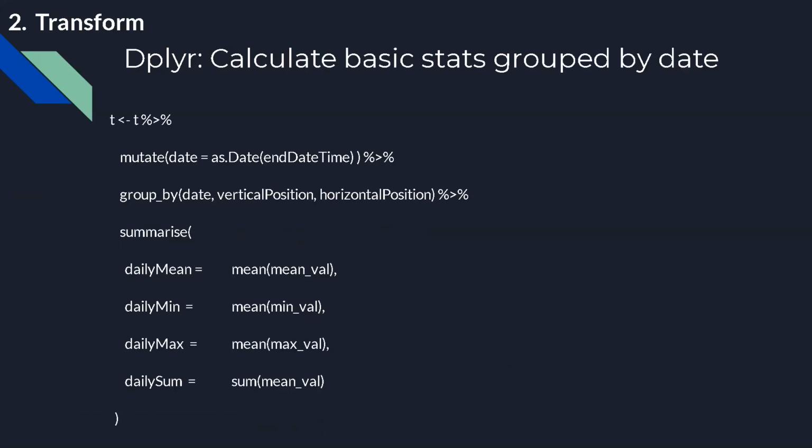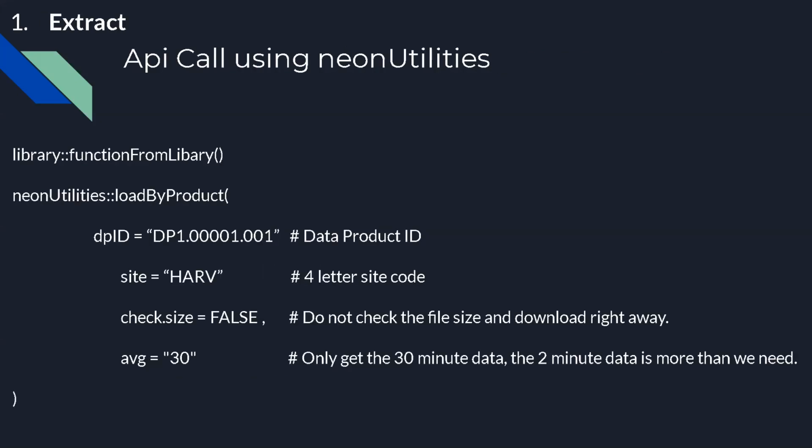Okay, so Kevin, on that previous slide, you didn't specify a time window of the data in the API call. So this is pulling every monthly file on the server? Yeah, every monthly file. For some data products, this can take a few hours.